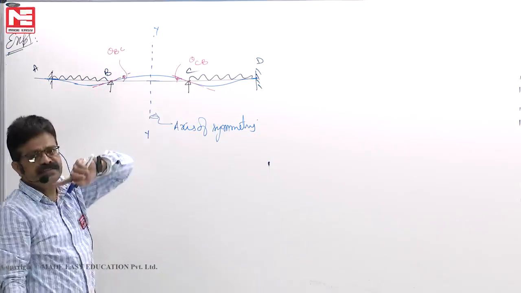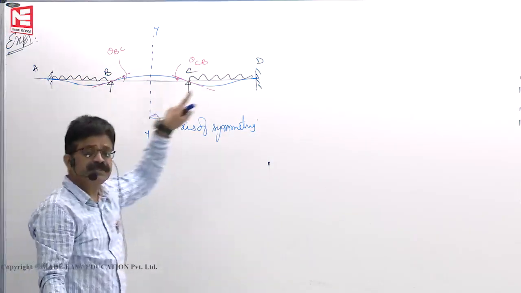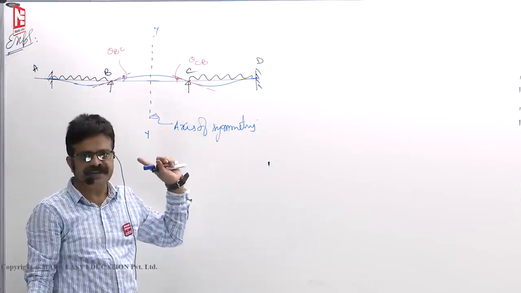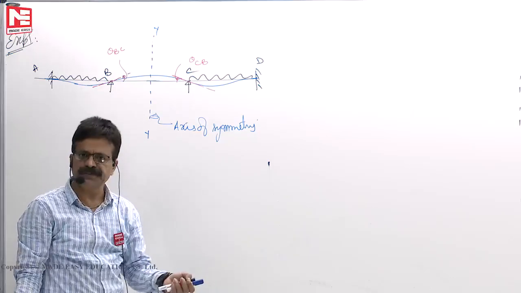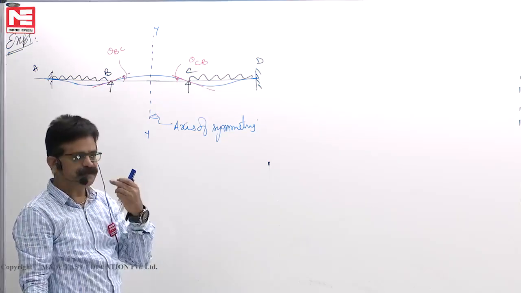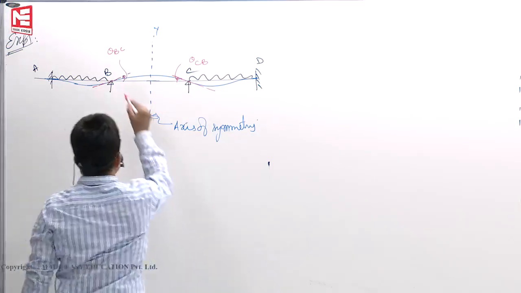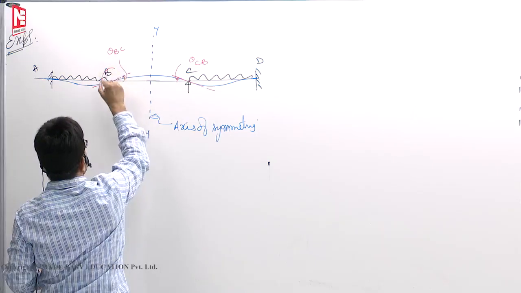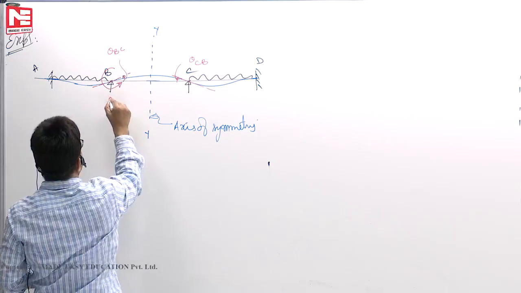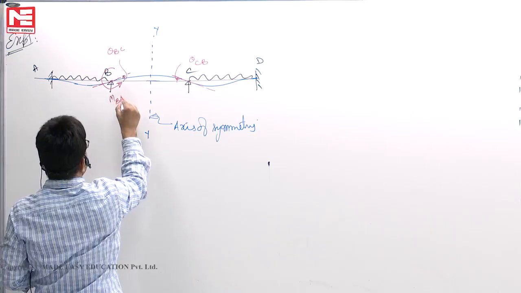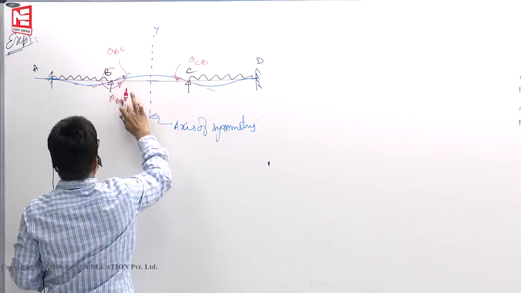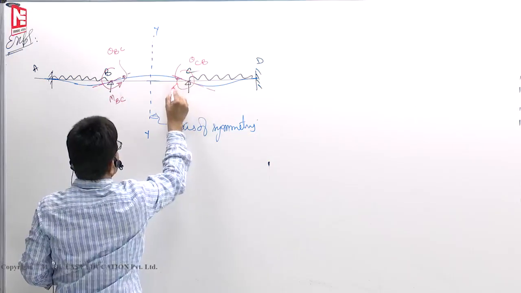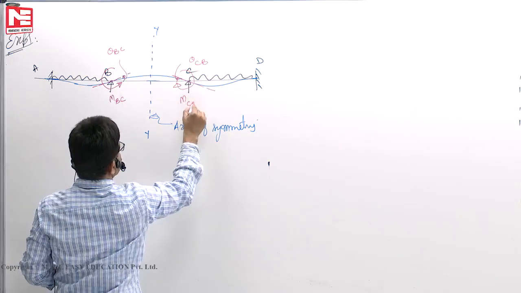Because loading is symmetrical, the deflection profile, support reactions, moments, everything must be symmetrical. That's what you have learned in strength of materials and also in the truss chapter. So we know that on this side we have MBA and MBC, and on this one it is MCB.